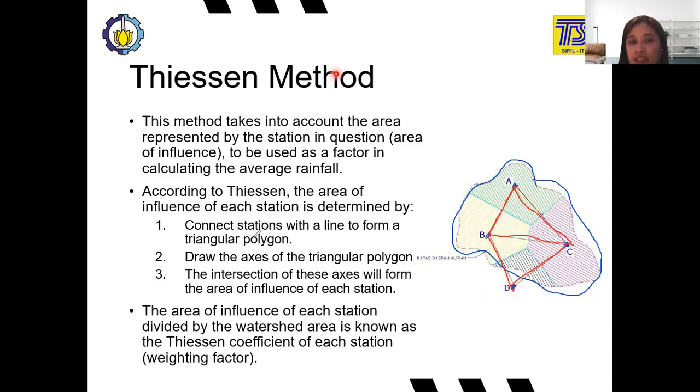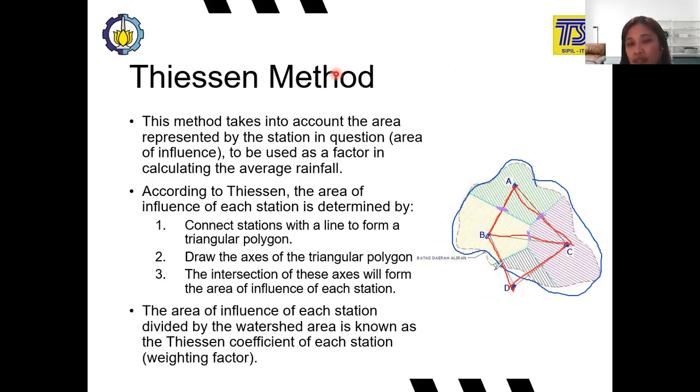And then after we connect the stations with lines, we draw the axis of the triangular polygon. For example, here we can draw the axis by using a different color. For each line we have the middle point, right?